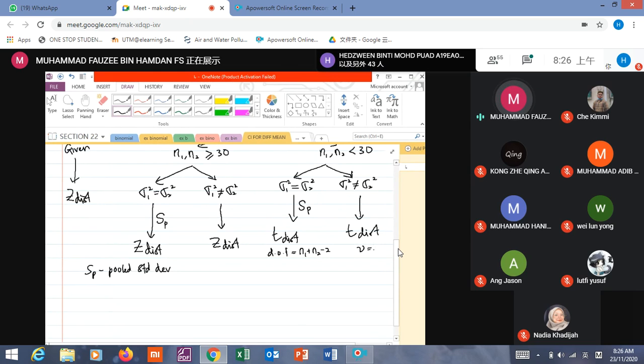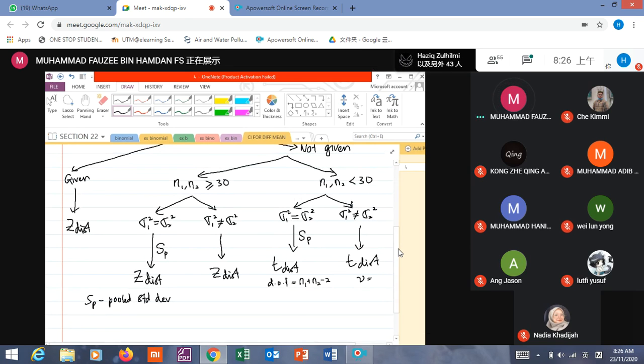There is a formula to calculate the degrees of freedom for the final case. So I list out the first case, second case, third case, fourth case, and the fifth case.